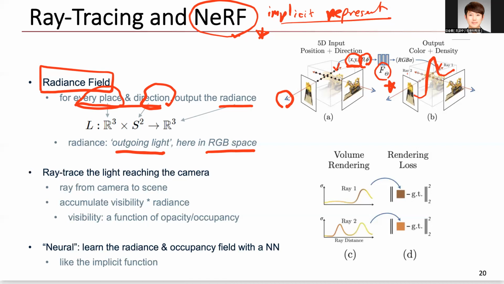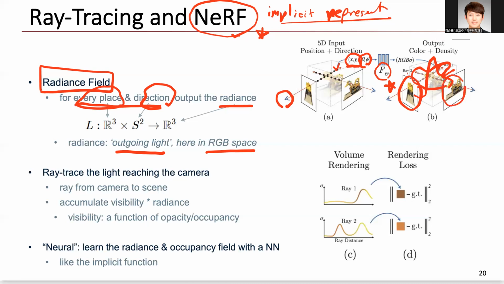And then if we can model this color and occupancy information, by using a rendering algorithm we can render the 2D images on a given view.